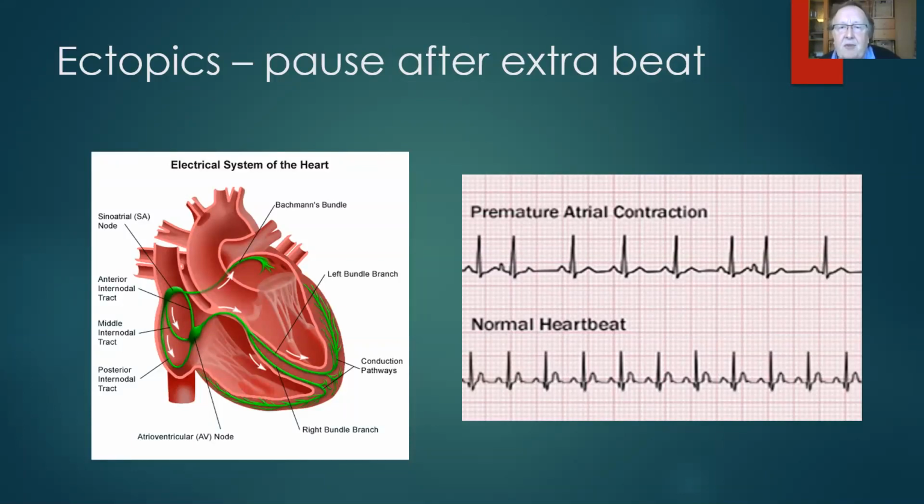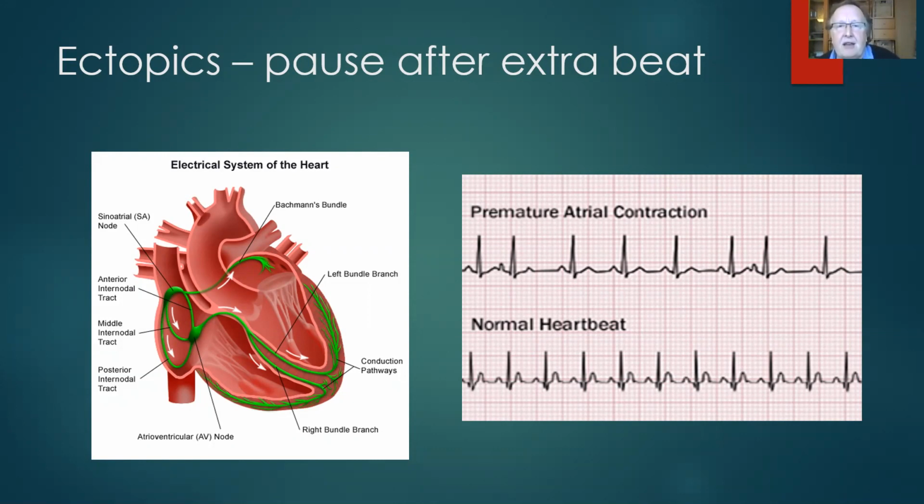Is there a P wave before every QRS complex? Yes, there are. Is there a QRS after every P wave? Yes, there are. Is the ST segment isoelectric? Yes, it is. Is the T wave the right way up? Yes, it is. But we can see behind the second complex a pause. And that is because if the heart gets an extra beat, whether it's atrial, junctional, or ventricular, the heart will always pause before beating again.